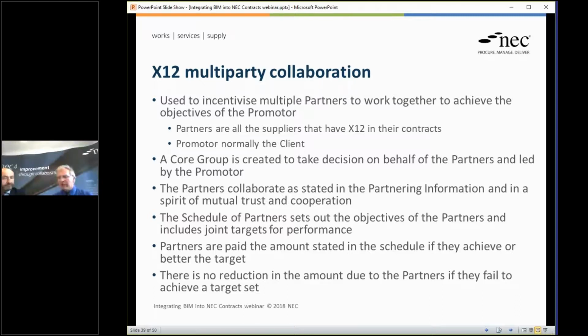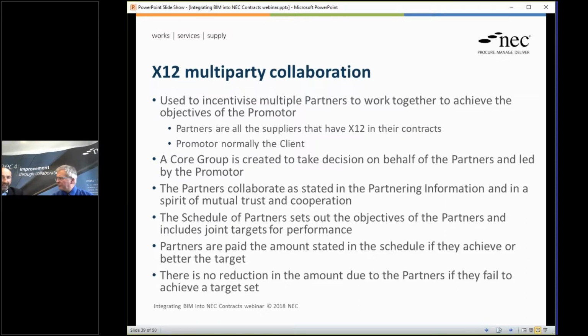And if one thing is true, we know that if we're going to work collaboratively, if we're going to do BIM, we need collaboration. And therefore, we need contracts that can encourage that collaboration. And X12 in NEC is the most collaborative element within it. So, for example, you could have within that partnering information the need to collaborate around X10 information modeling to supply the information, setting KPIs around data being dropped at certain stages, in certain timescales, interaction between those different partners, and incentivize it positively.